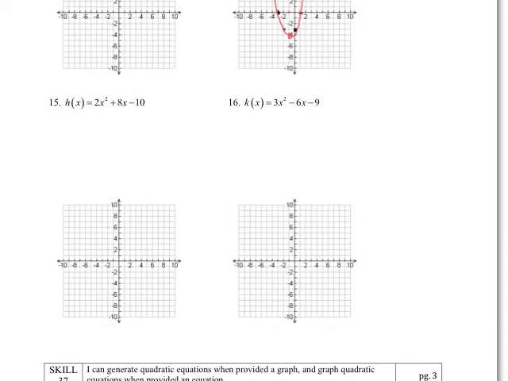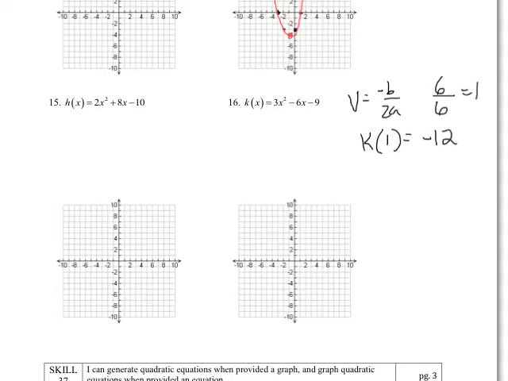If we find our vertex, this will occur at negative b over 2a. So that's 6 over 6, or 1. So our vertex occurs at an x value of 1. And if we stick 1 into the equation, we're going to get k of 1 is equal to 3 minus 6 minus 9, so negative 12.